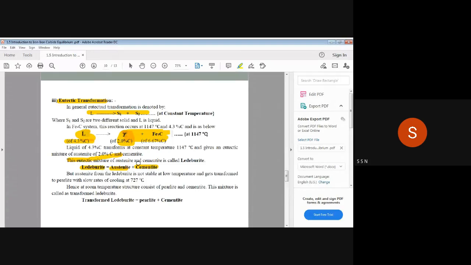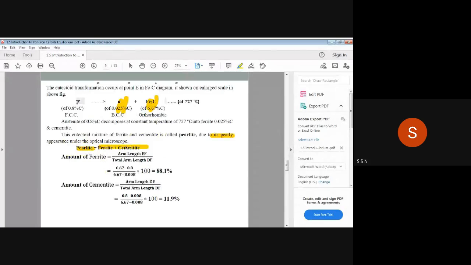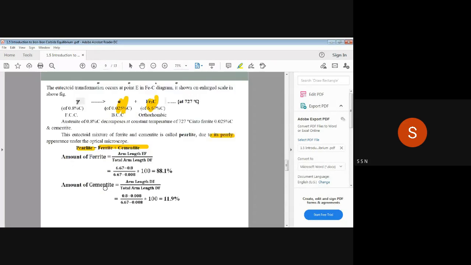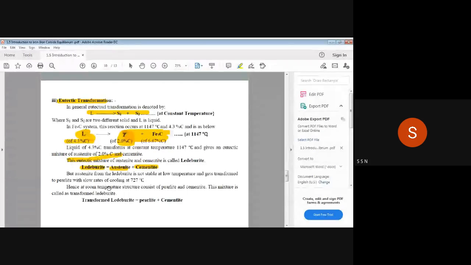Two different solid phases combined, we can say this is a ledeborite. Here we can see these two different phases combined as a perlite. So perlite and ledeborite, just remember these two names, because further in microstructure we may say this ledeborite is occurring or being observed, and that ledeborite is nothing but austenite and cementite.